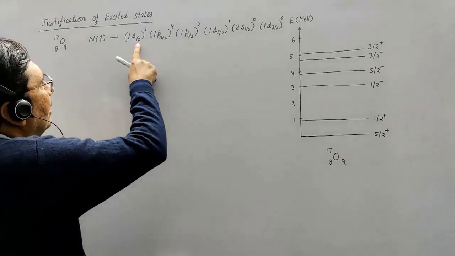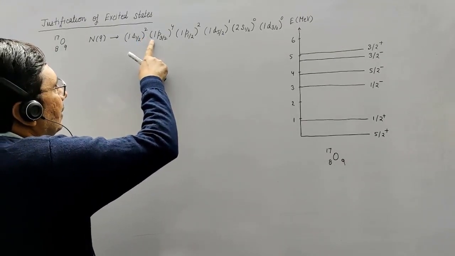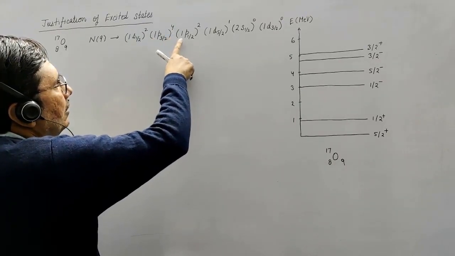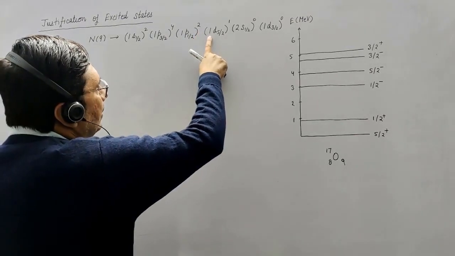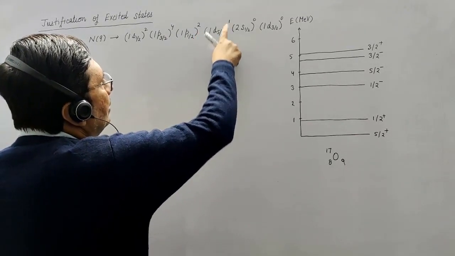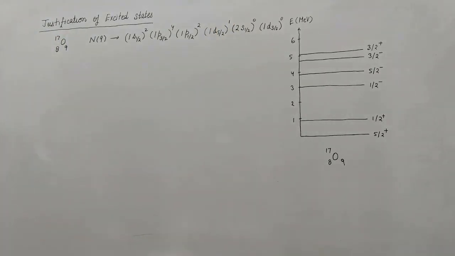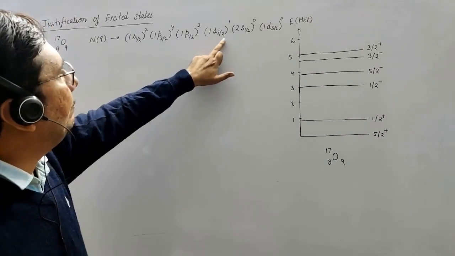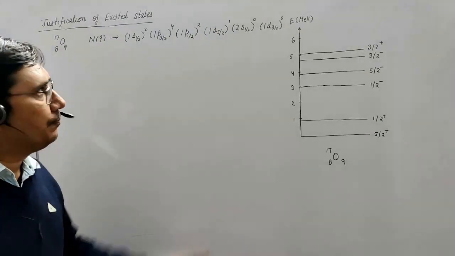The first level will be 1s 1/2, so 2 will be here. After this the energy level will be 1p 3/2, so 4 will be here. Then we have 1p 1/2, 2 will be here. After this we have 1d 5/2 and the last neutron will be here. So the unpaired neutron is in this 1d 5/2 shell.